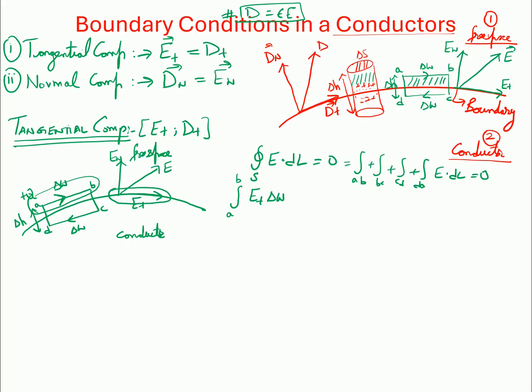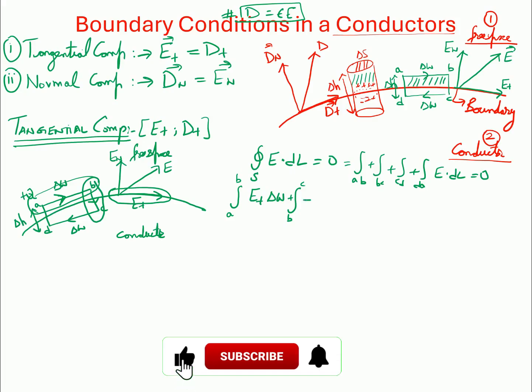In the second part, we have to move from B to C. Now B to C, we are moving in the downward direction, and if we compare it to the electric field, if this is our downward direction, we can see that it is opposite to E of n. So it is negative E of n, and it is covering a certain height. You can see the height is over here.